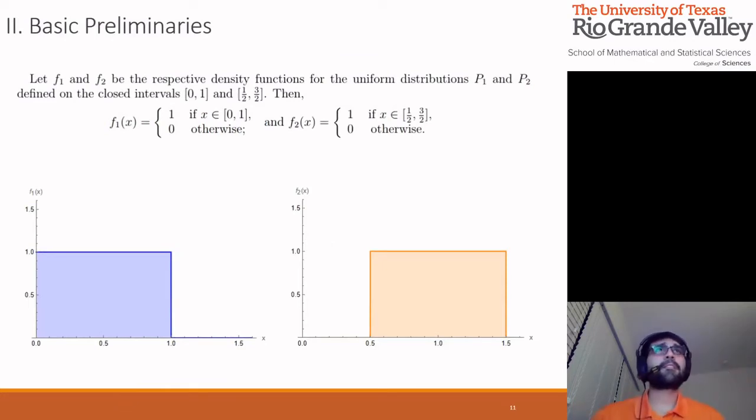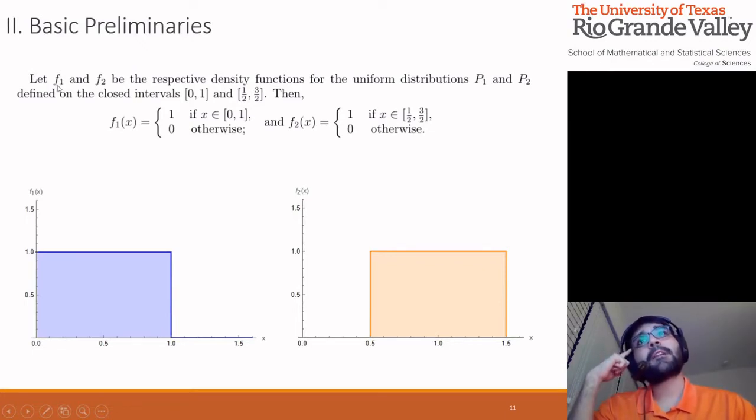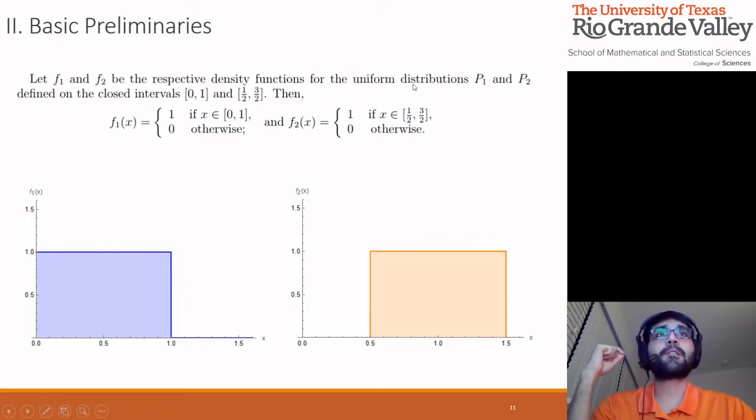All right, now let's explain more about some of the rigorous math that we introduced in section 1. Let's start by defining f sub 1 and f sub 2 as the respective density functions for the uniform distributions P sub 1 and P sub 2.